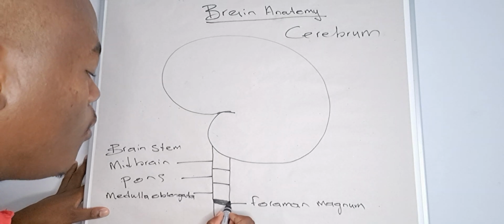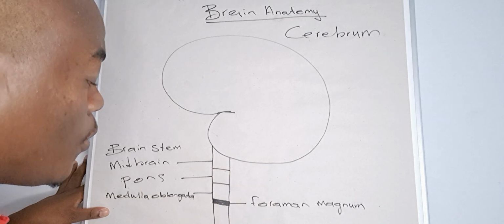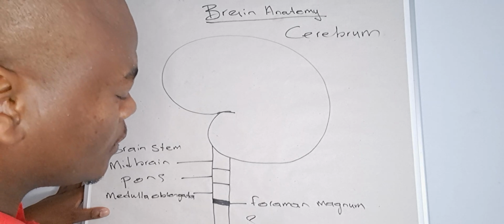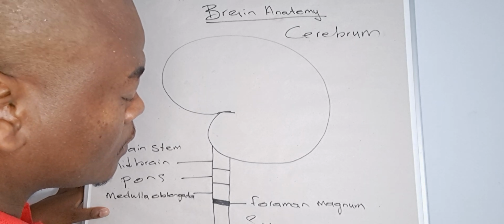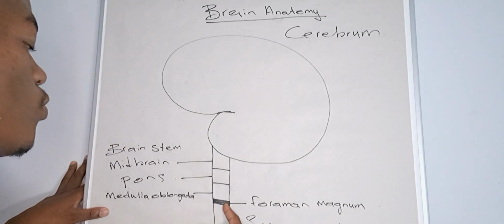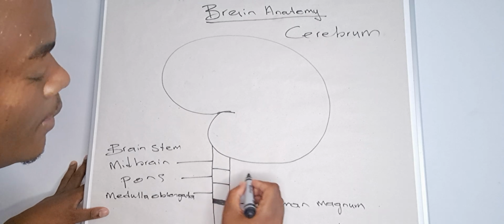This is the name of the hole that you find just before your spinal cord. This one is your spinal cord, continuous up until your vertebrae going all the way down.